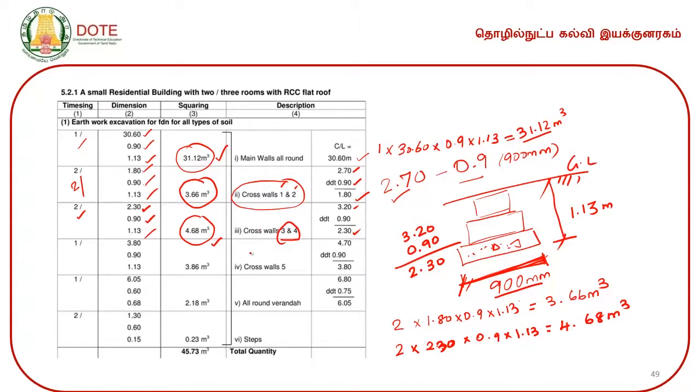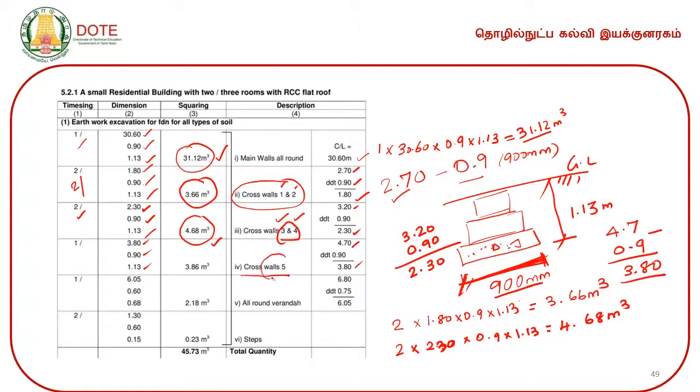By this, we calculate the earthwork excavation for cross wall 3 and 4. Then cross wall 5: the center to center length is 4.7 meter. Deducting one width of foundation, 0.9, gives 3.80 meter. The breadth of foundation is 0.9, the depth 1.13.